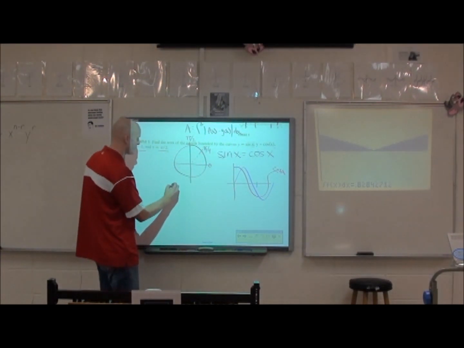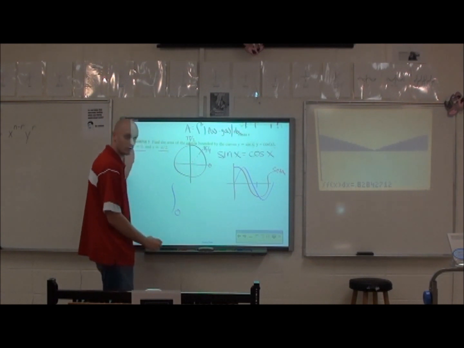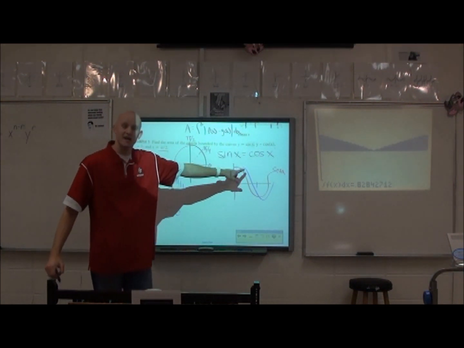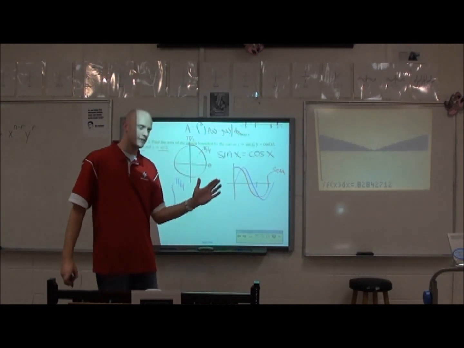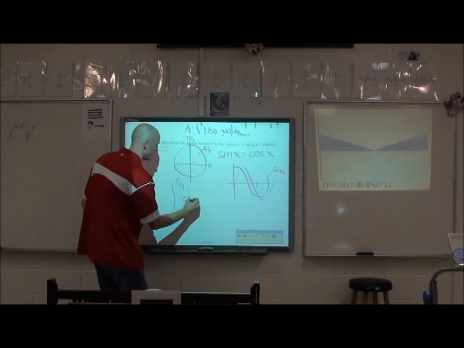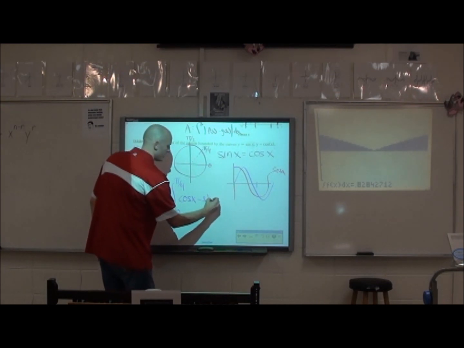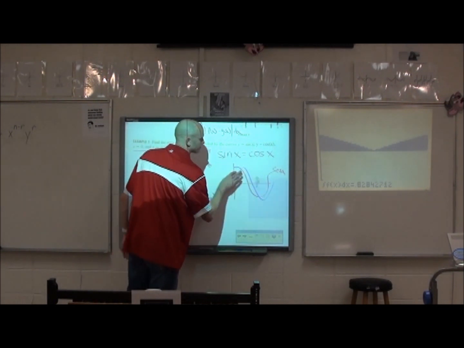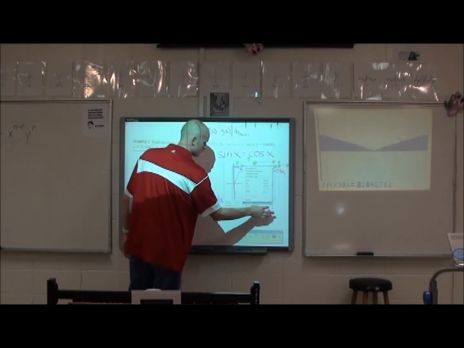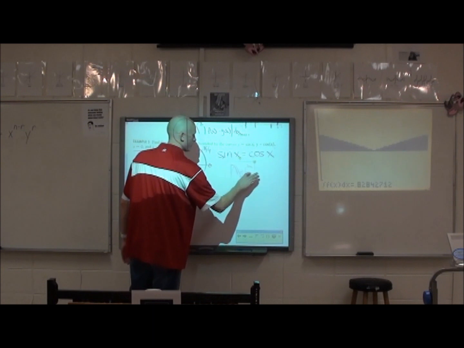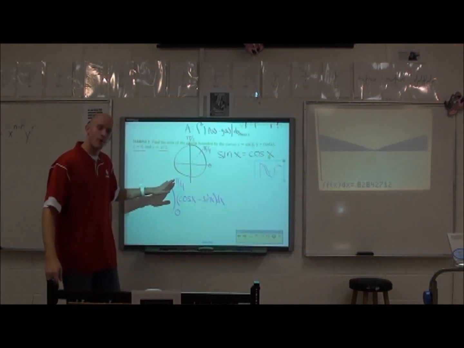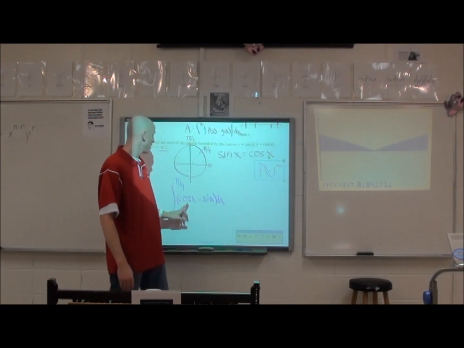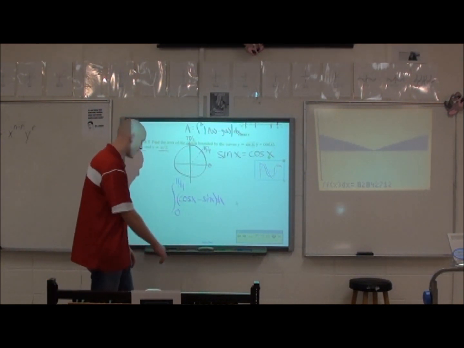So what we're going to have to do is integrate from 0 to pi over 4, and cosine is the top curve until their intersection. So it would be cosine of x minus sine of x dx. And after pi over 4, from pi over 4 to pi over 2, we know that sine is the top curve.